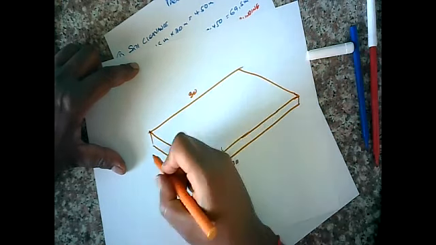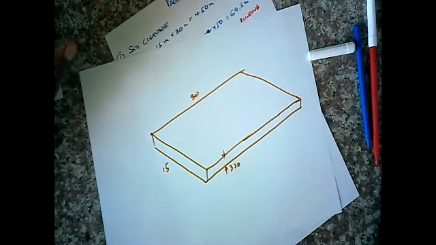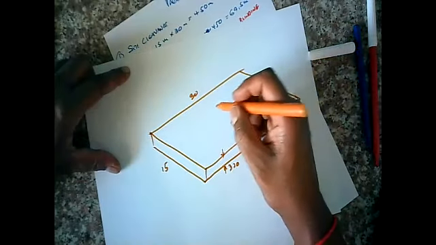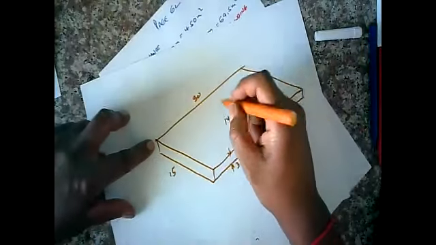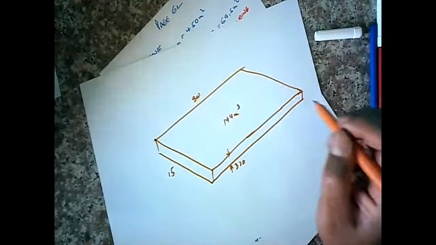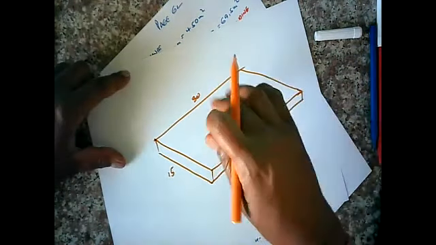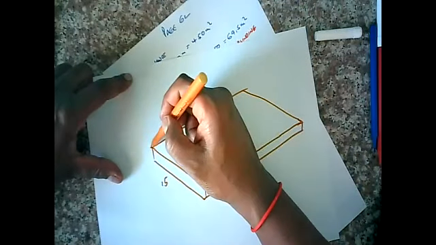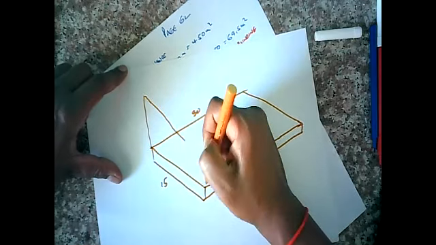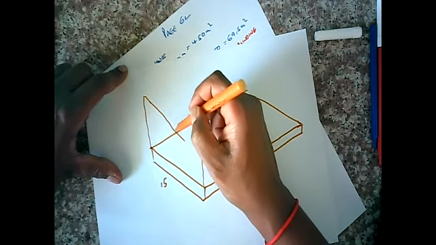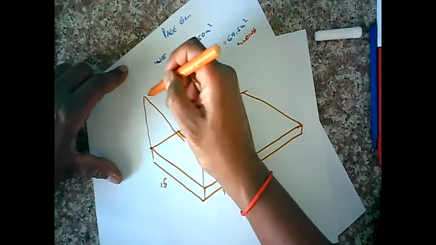We know this is 30, we know this is 15. So by our calculations, we've got 144 meter cube of concrete. Now, on top of this we'd now cast our walls.